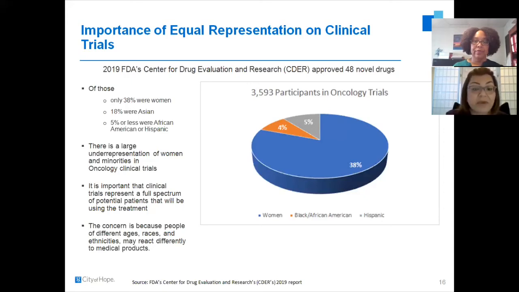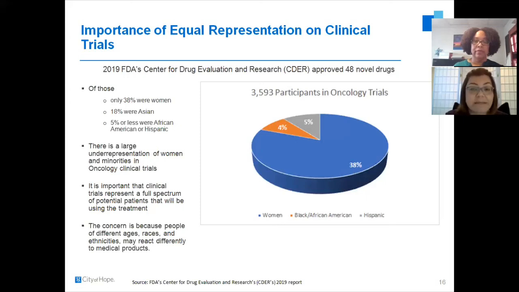Why is it important for the clinical trial to represent a full spectrum of potential patients, you might ask yourself? The concern we have is that because people of different ages, races, and ethnicities might react differently to medical products, we wouldn't have the full information of how that drug would really interact with the underrepresented races.